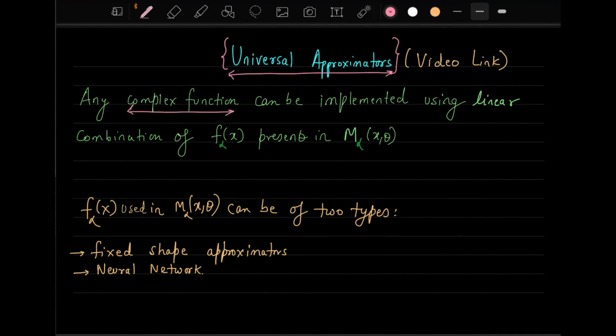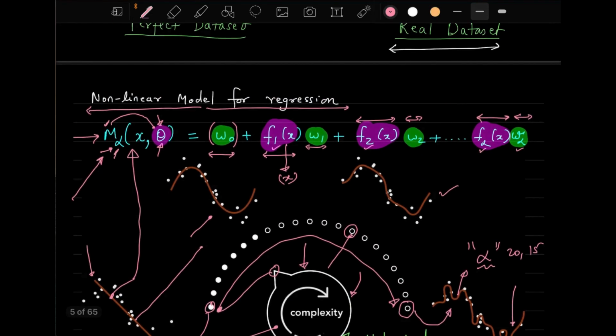Any complex function which you want to implement can be formed using linear combinations of f alpha x present in this model m alpha x theta. As you can see from this equation, any complex model you can implement like this.